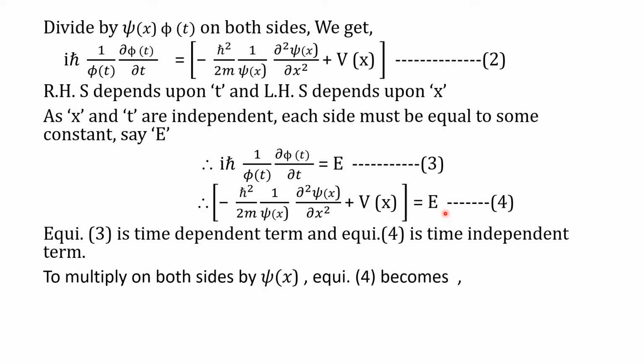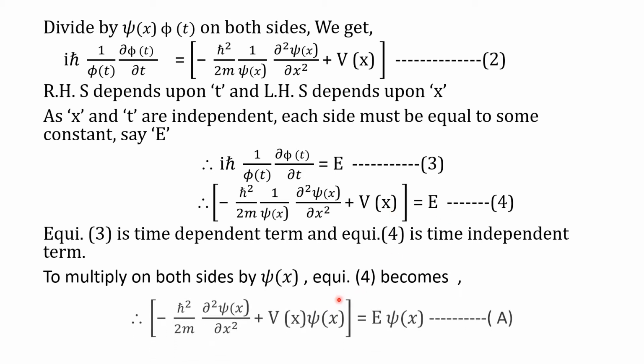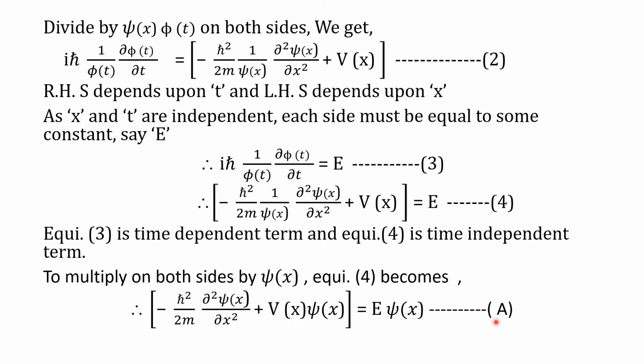The other side is E psi of x. This equation we number as equation A: minus h cross square by 2m, del square psi of x by del x square plus V of x psi of x is equal to E psi of x. This is equation A.